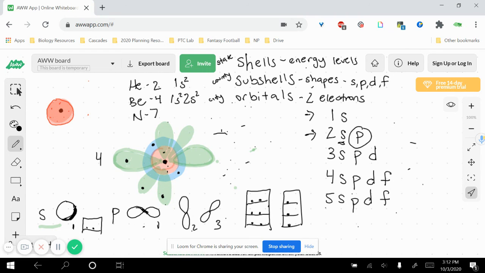But once we get to the p subshell, there are 3 different orbitals in that. So we can have 1 orbital here in the p subshell, 1 orbital here, and 1 orbital here. And so this allows us to start filling up our electron cloud in different ways, depending on how many electrons we need to make space for.